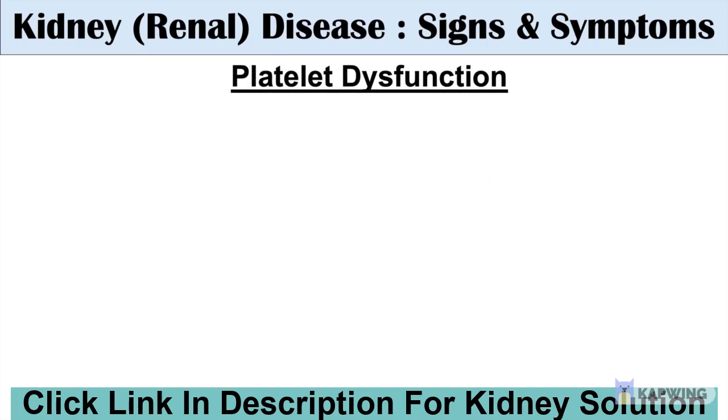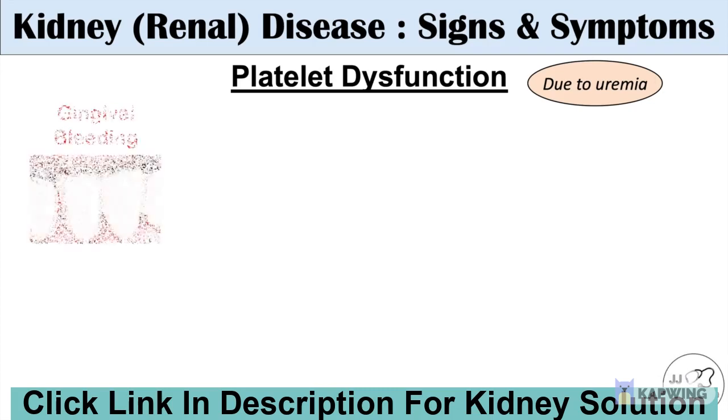Then another important point to note is platelet dysfunction. Again, this is due to uremia. Uremia can cause platelet dysfunction. Although platelets may look like they are in a normal range, they may be dysfunctional. And this can look like thrombocytopenia or a low platelet count.